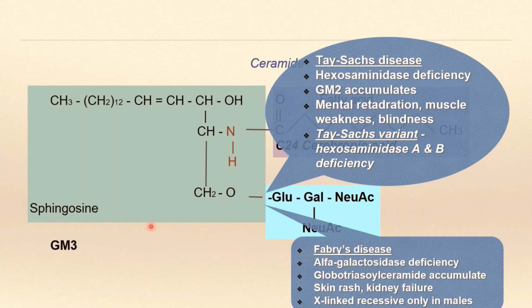There is one more, that is Fabry's disease. Alpha galactosidase is deficient. So globotriaosylceramide accumulates, and it will lead to skin rashes, kidney failure, and it is an X-linked recessive condition.